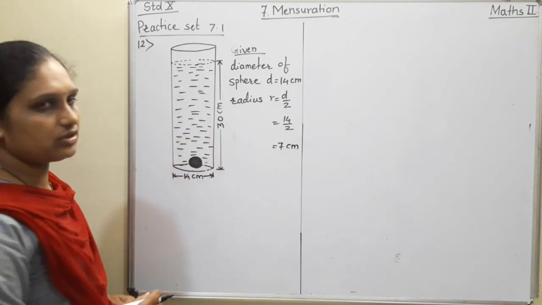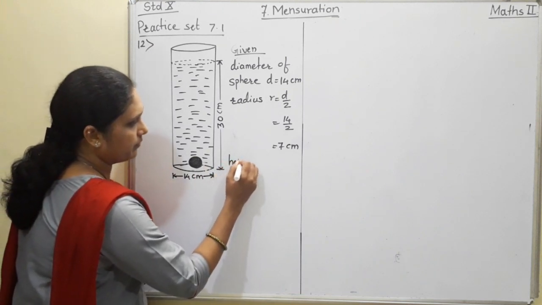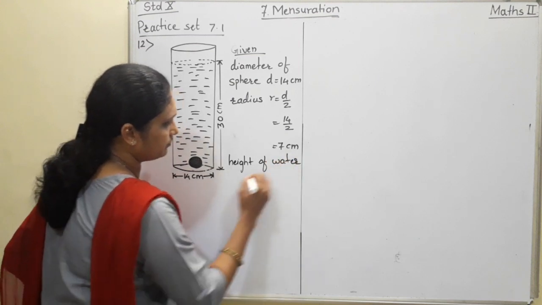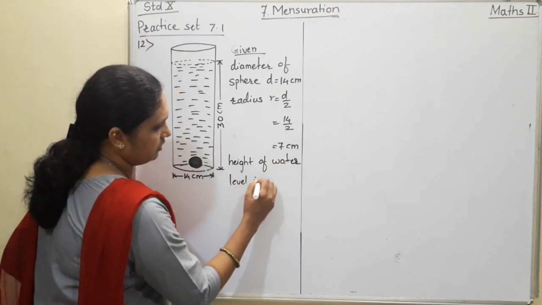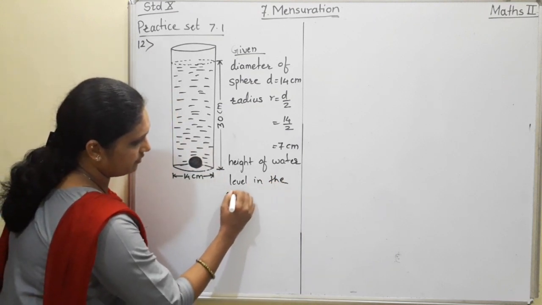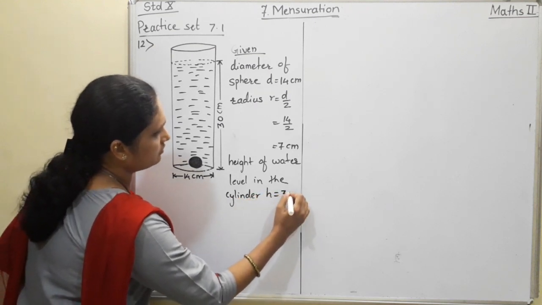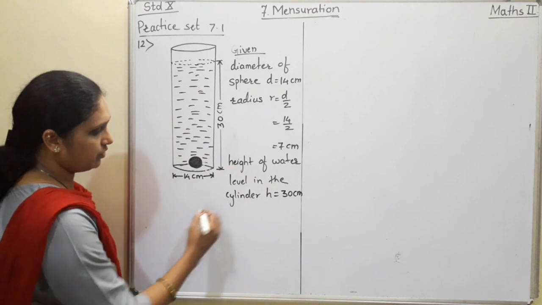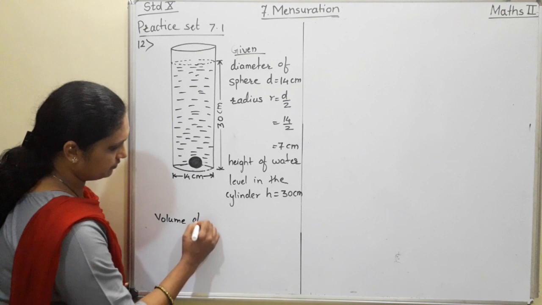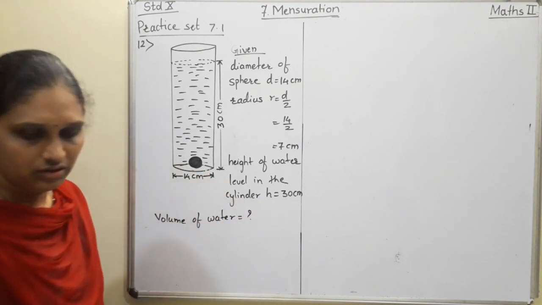Height of the water level in the cylinder is given 30. H is equal to 30 centimeter. And what we have to find? We have to find the volume of water. For this we'll write a question mark.